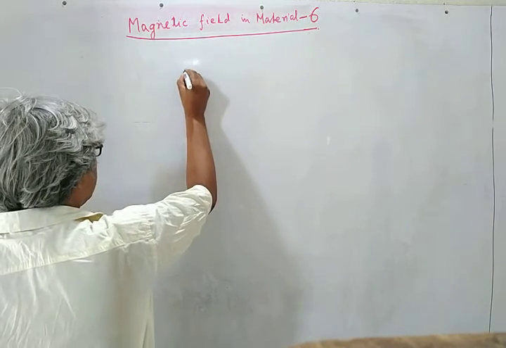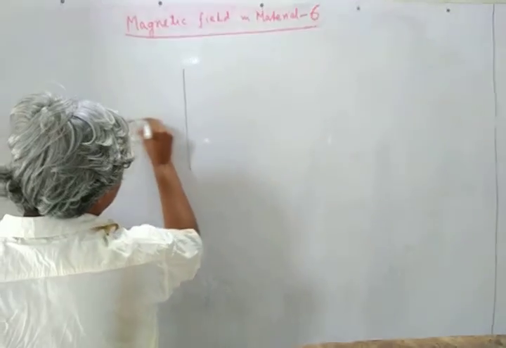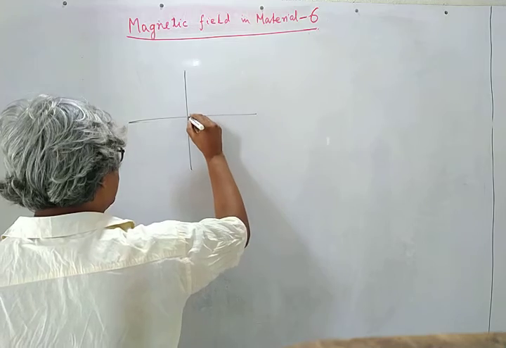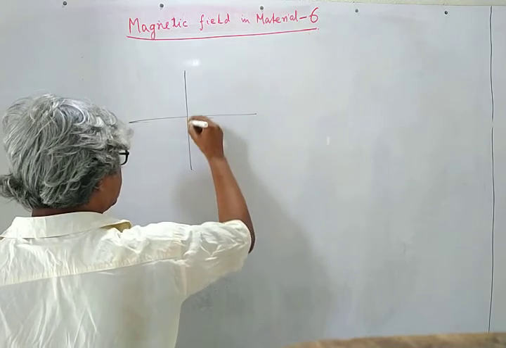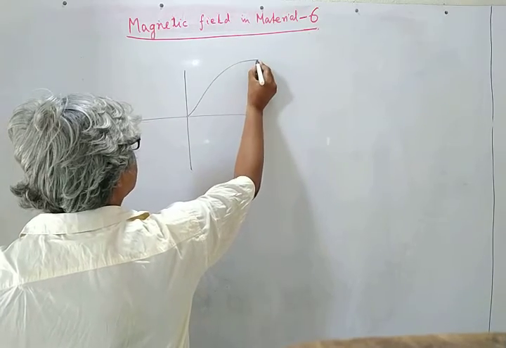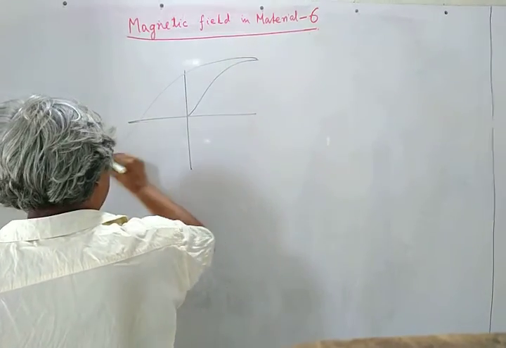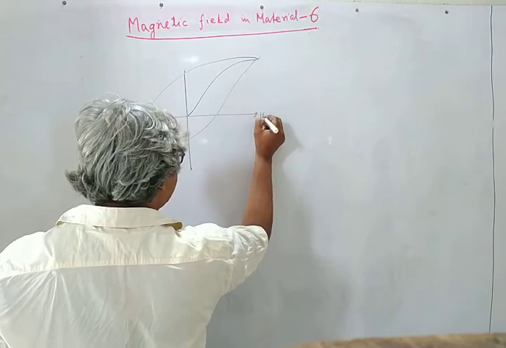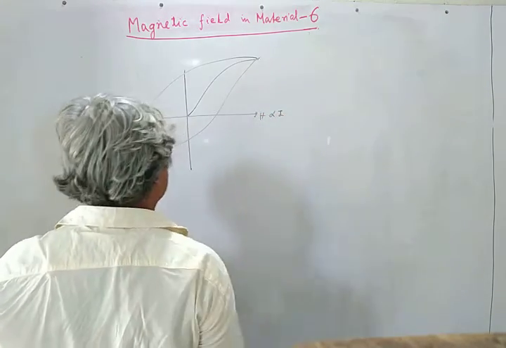Say we have a ferromagnetic material, and initially due to time its magnetization becomes zero, and when we magnetize it, this is the cycle. This magnetization H is proportional to I.